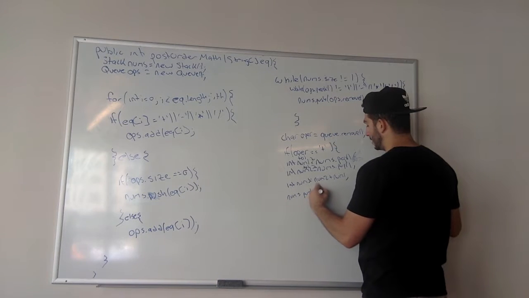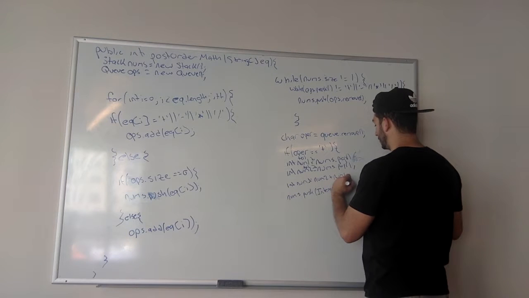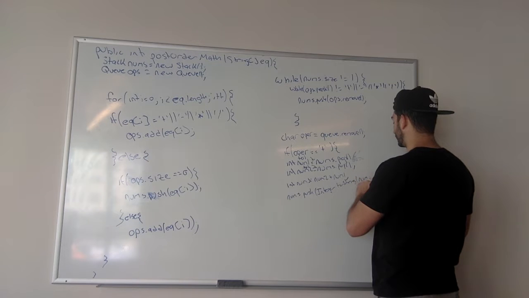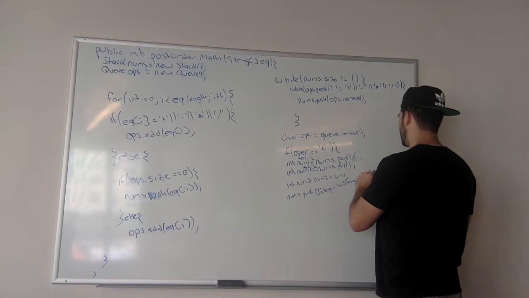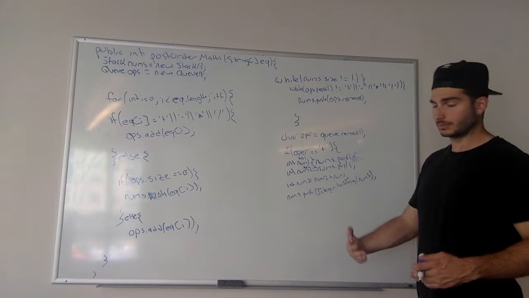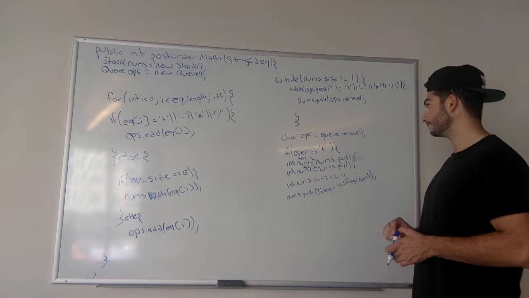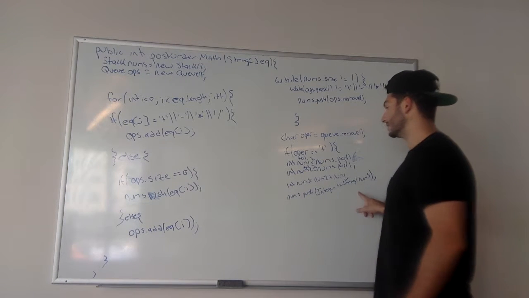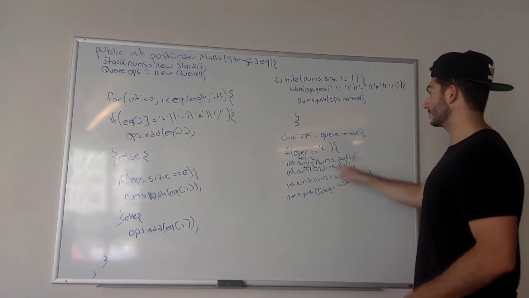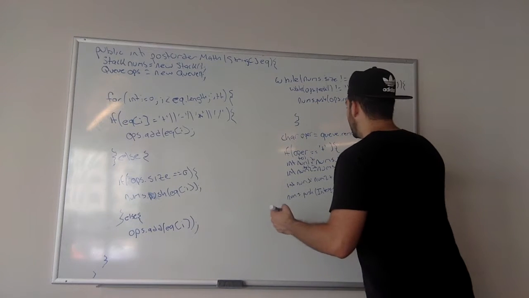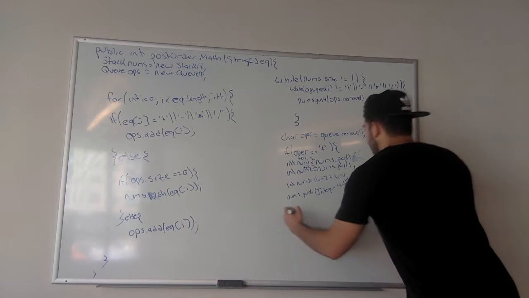So integer to string num3, and this will allow us to continue with our mathematical equation as we build our result. So this was for plus. I'm just going to do the same thing over again for minus, multiplication, and division.